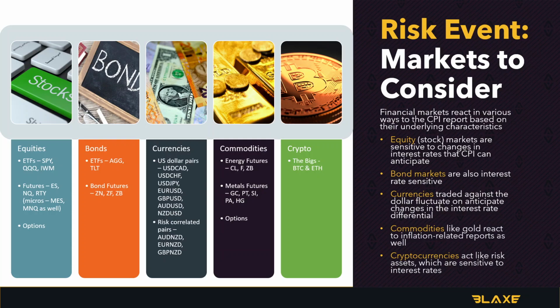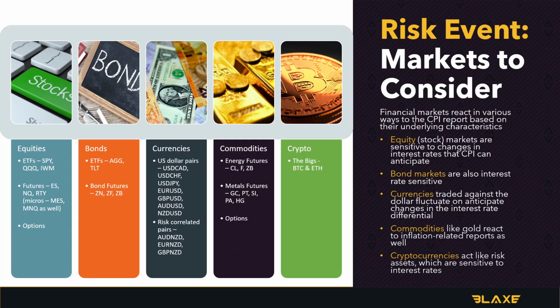But again, commodity markets, you could trade crude oil, bonds in the futures format, but also metals, precious metals like gold, industrial metals like silver, copper. They tend to be sensitive to this interest rate talk as well. So once again, there are tons of ways to trade it.